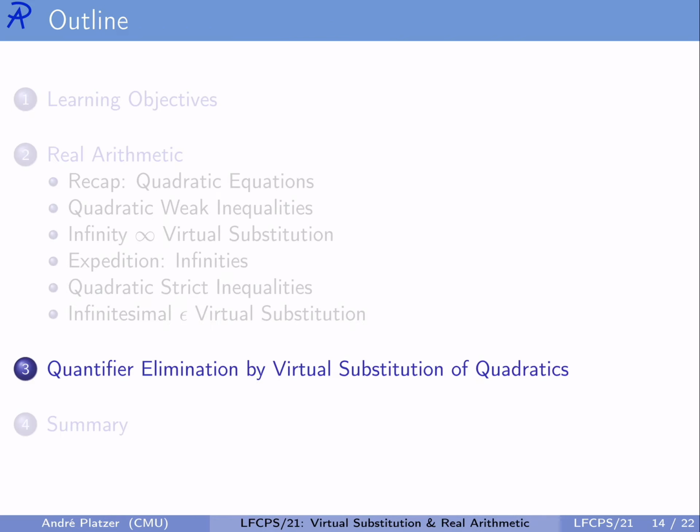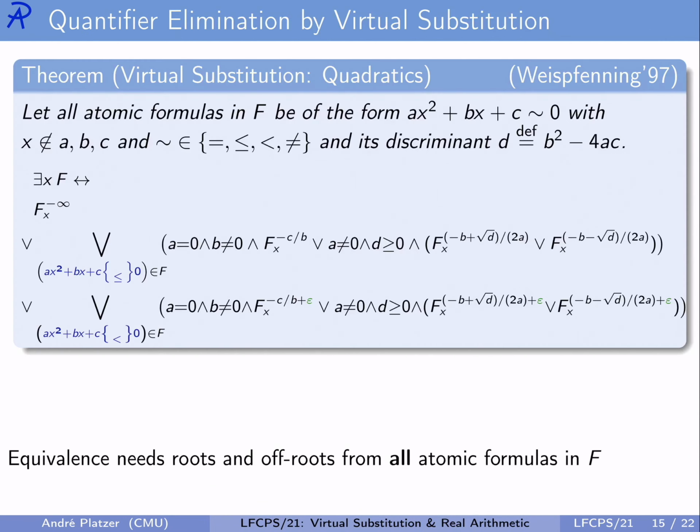But now let's summarize it all up. Let's do once and for all quantifier elimination by virtual substitution of any quadratics. If we have a formula f in which all the atomic formulas are of the form quadratic, so ax squared plus bx plus c compared to 0, where it's the proper shape, so x shouldn't occur in a, b, c because that would be cheating, that wouldn't be literally of the quadratic form.